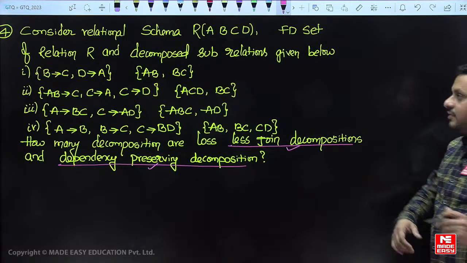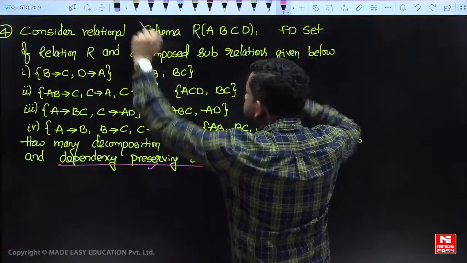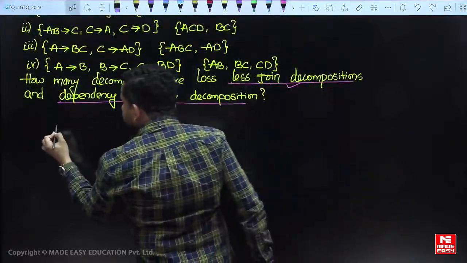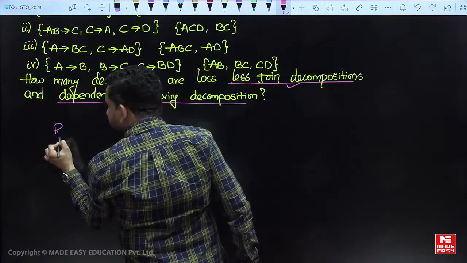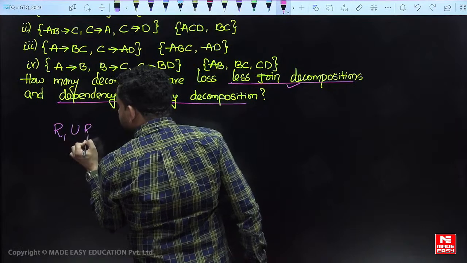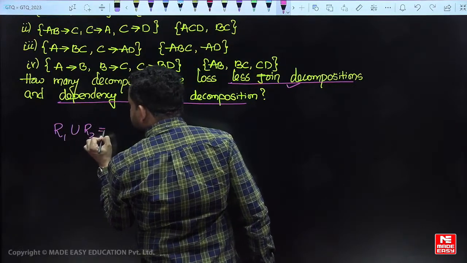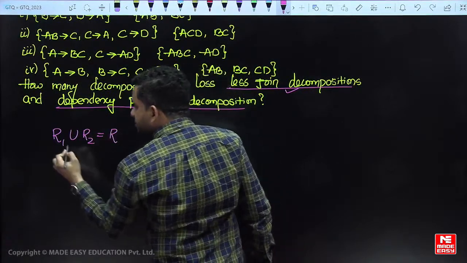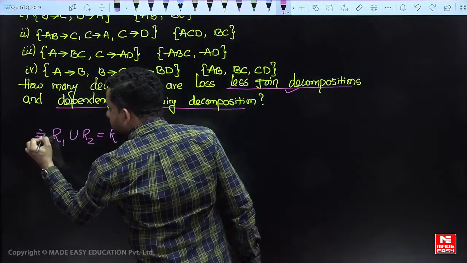Right. So lossless join is much easier. There are only two subrelations. Every attribute should be in the subrelations, so all attributes of the subrelations should cover the attributes of relation R. No attribute should be missed.